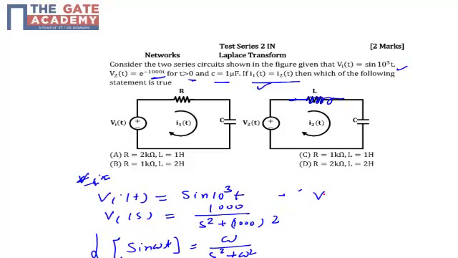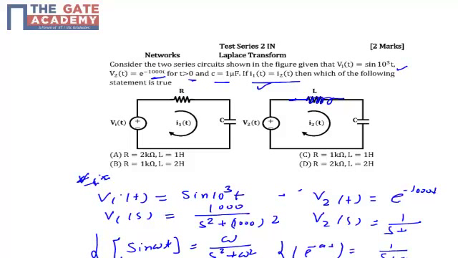Similarly, for v2(t), we have the function e raised to the power minus 1000t. This is again standard, where the Laplace transform of e raised to the power minus at is 1 upon s plus a. So V2(s) will be 1 upon s plus 1000. Now we apply the Laplace transform in both circuits in the s domain.